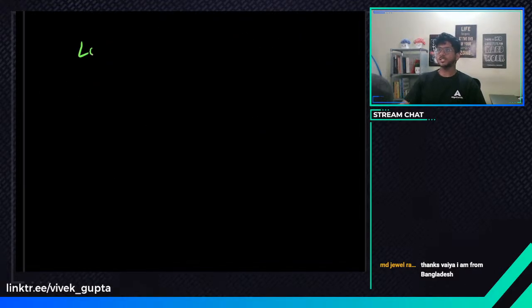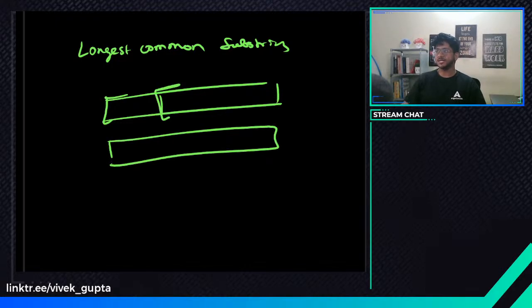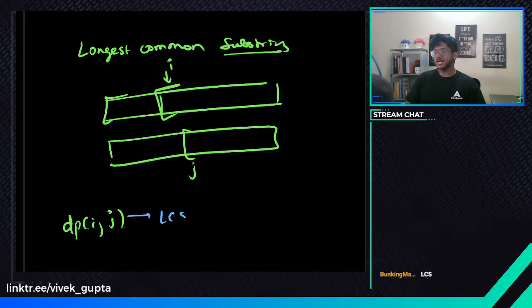So there is this problem: longest common subsequence and longest common substring. For common substring, you have to find the longest common substring for two different strings. The way we do that is we keep the same idea, that this is the level i and this is the level j, and dp of i comma j is going to tell you, note that it's substring, LCS starting at i and j.